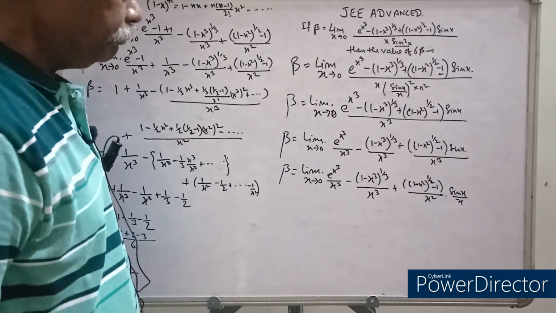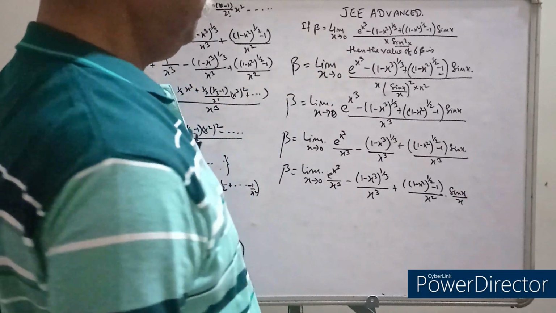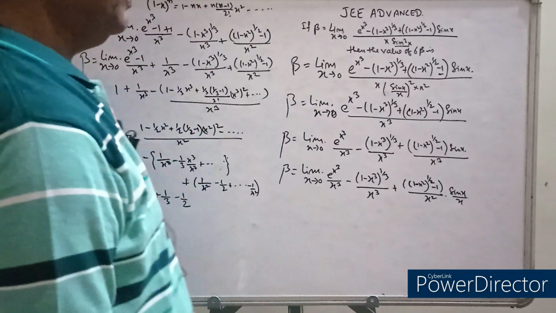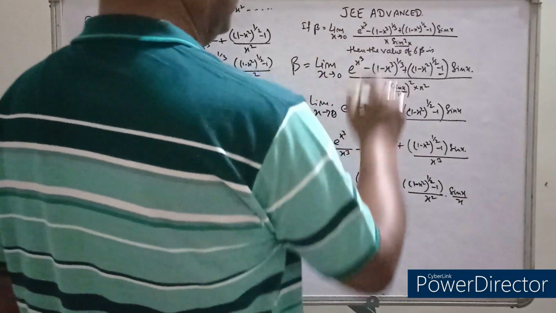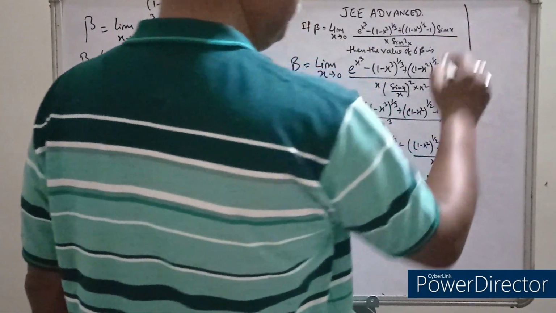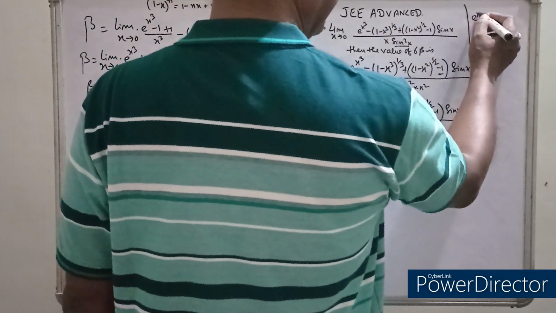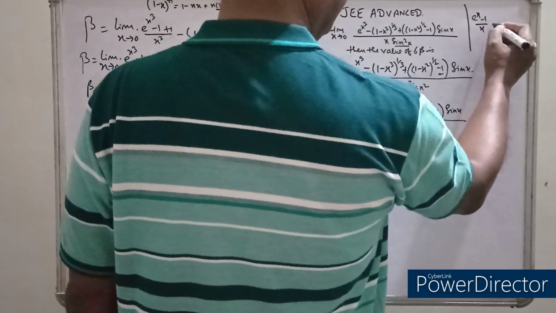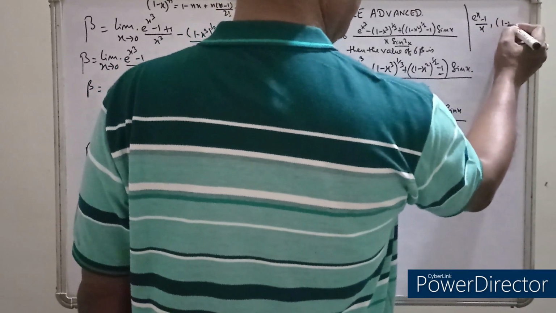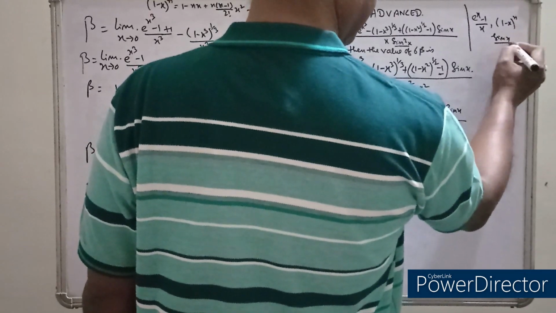First of all, when you look at this problem, how to solve it? After seeing the terms, the first thing that must come into your mind is that there are 3 types of formula existing here. This is one, another is the binomial expansion, and third is sin x by x.